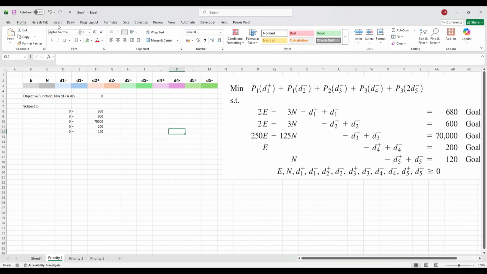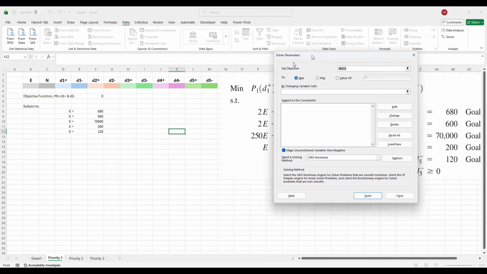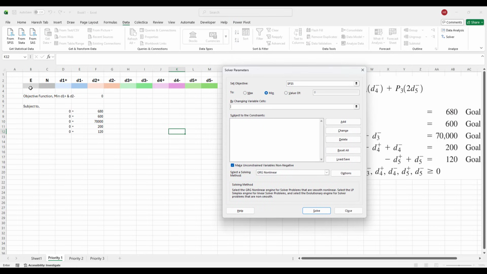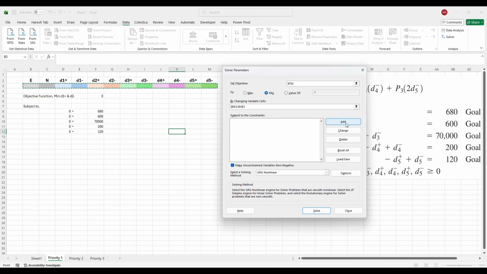Let me solve it here: Data, Solver. My objective is this, to minimize, by changing variable cells from here to here, all these variable cells, then Add.